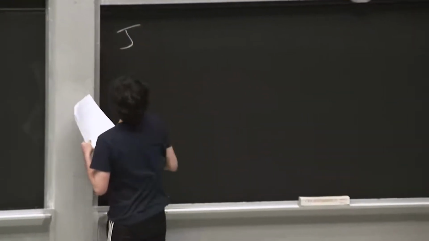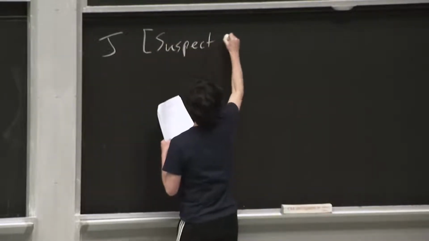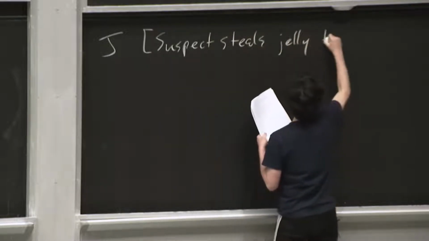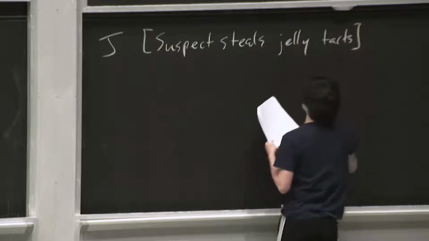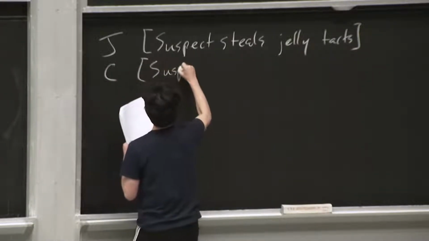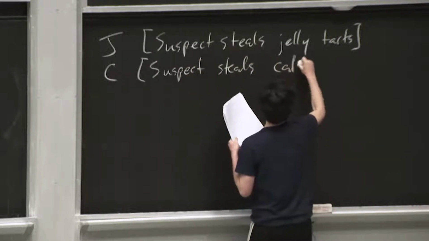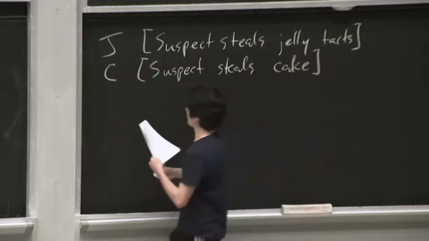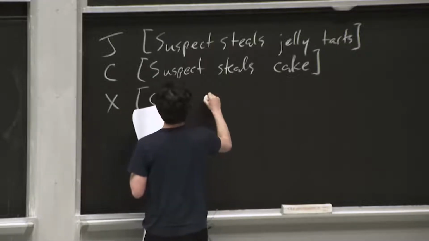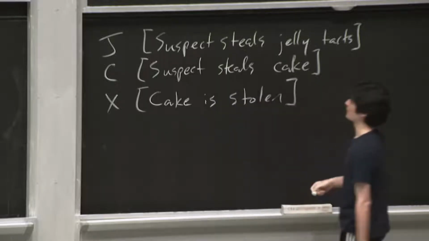So let J be the event suspect steals jelly tarts. C can be the event suspect steals cake. And X can be the event cake was stolen. Okay.